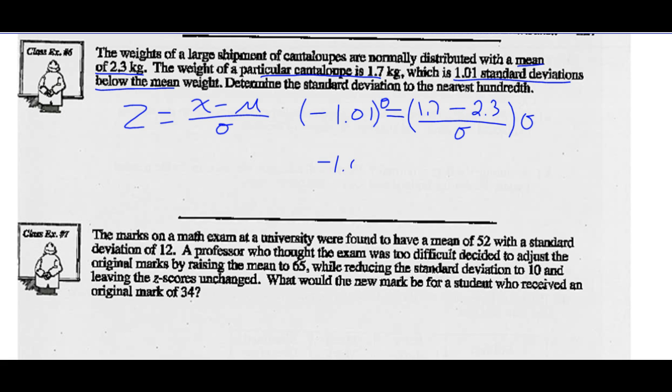At the same time, I can do the numerator, 1.7 minus 2.3, which is negative 0.6. And now I'm going to divide both sides by negative 1.01 to get my standard deviation. So the standard deviation for this question is 0.59.